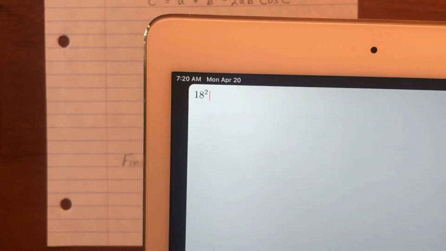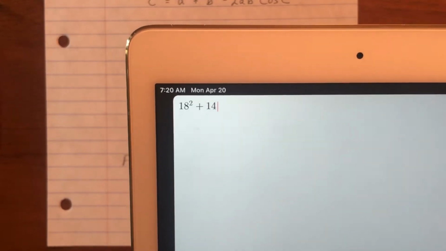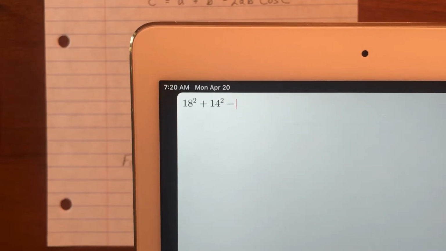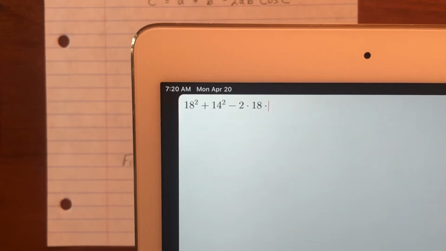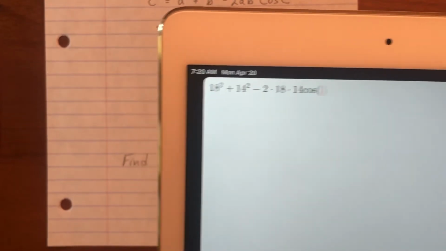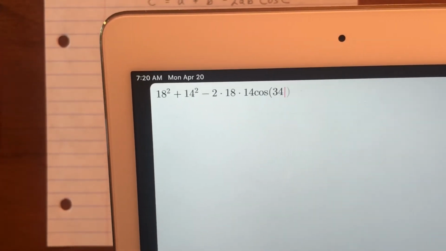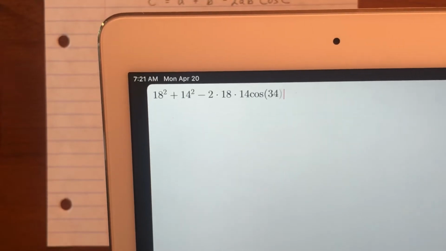And now we can just type this in. 18 squared plus 14 squared minus 2 times 18 times 14 times the cosine of 34 degrees. So type it in just the way you did there.